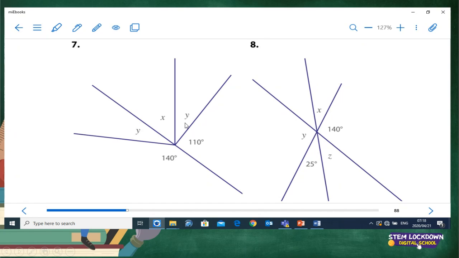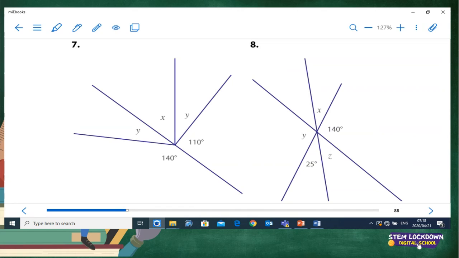But we already know that y is 40. So if you add this y here and the 110, meaning that if you add 40 and 110, 40 plus 110 gives you 150 degrees. So these two angles here give you 150 degrees. What does this tell us?